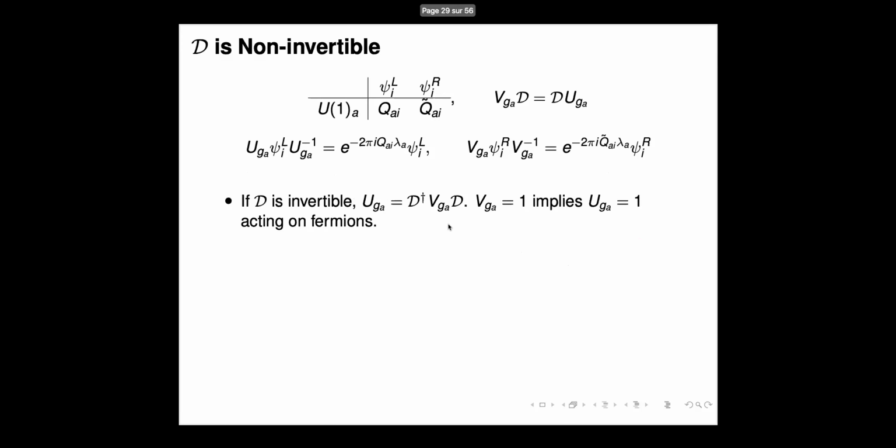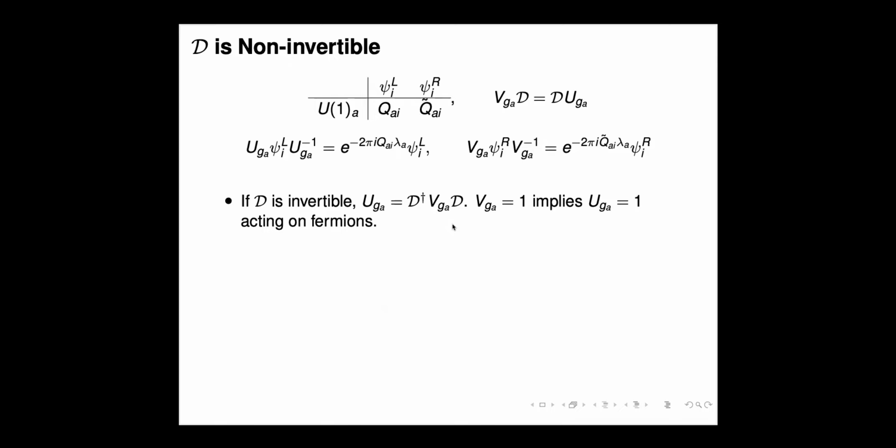First of all, I want to prove that D must be non-invertible. It cannot be invertible. Why? Suppose D is an invertible defect. I can consider D inverse, or D conjugate.